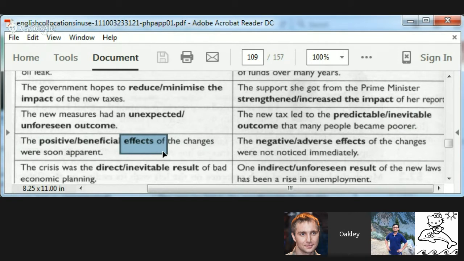Okay, positive effects, beneficial effects. What other positive words can we use with effects? Can you think of any? I'm also brainstorming if I can think of any. Anybody? Can anybody think of any others with effects?